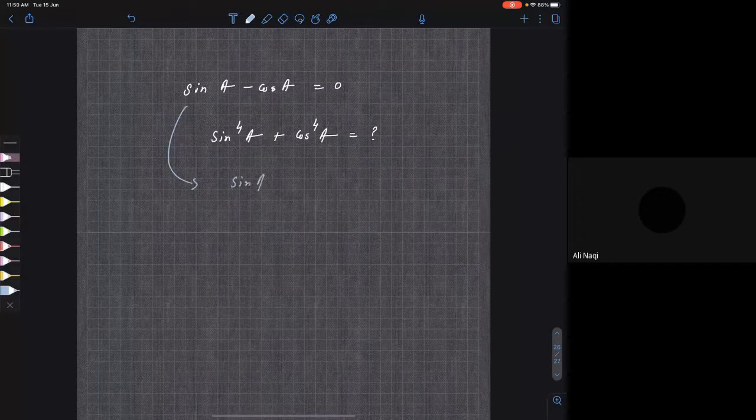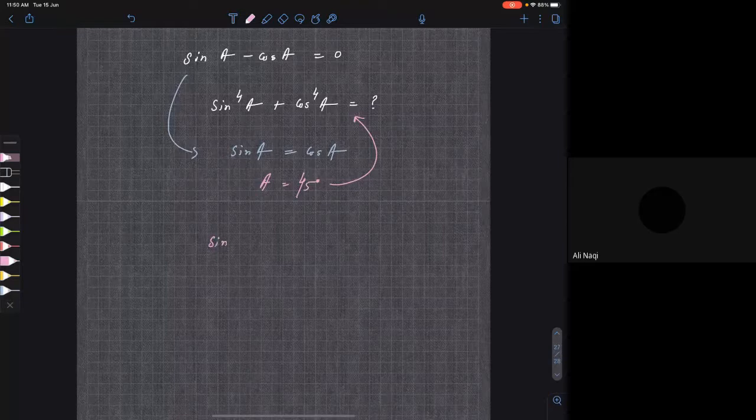When sin A equals cos A, right? This is true for A equal to 45 degrees. Now you can substitute it here and get the answer. So what is sin power 4 of 45 plus cos power 4 of 45?